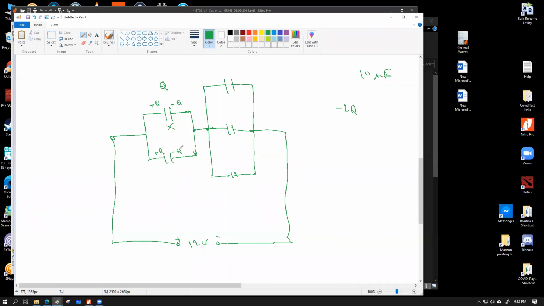This amount of extra electrons must equally come from the positive plates of these three capacitors. These extra electrons must come equally out of them. So what would be the individual charge of these left plates? Plus 2Q by 3, because they are going to drain electrons by an equal amount.